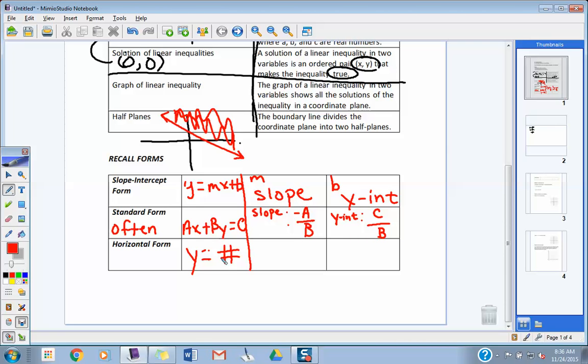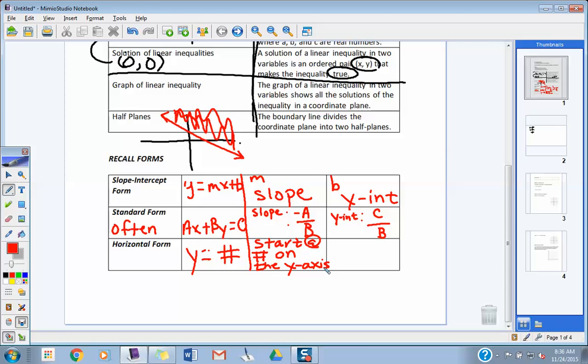You want to start at, I'll use the at symbol, the number that you're dealing with. So if there's a 5 in here, you're going to start at the number on the y-axis. So if this was y is less than 5, on the y-axis I would go up to what value?